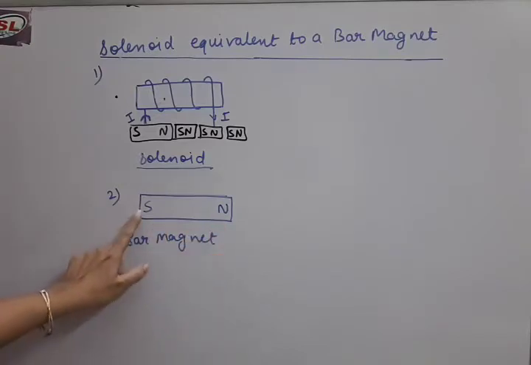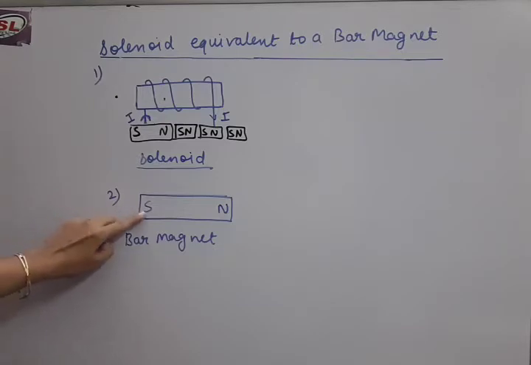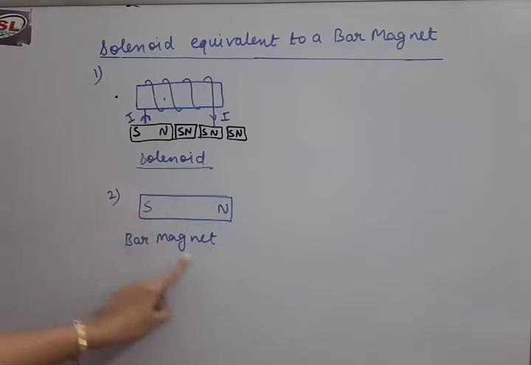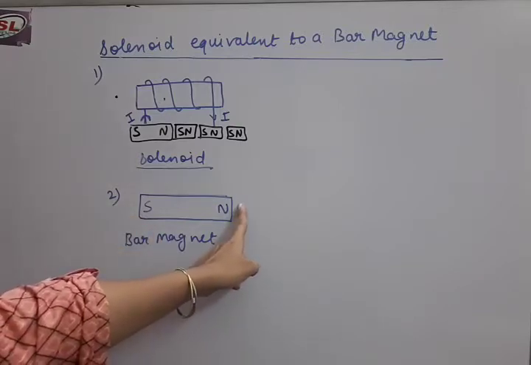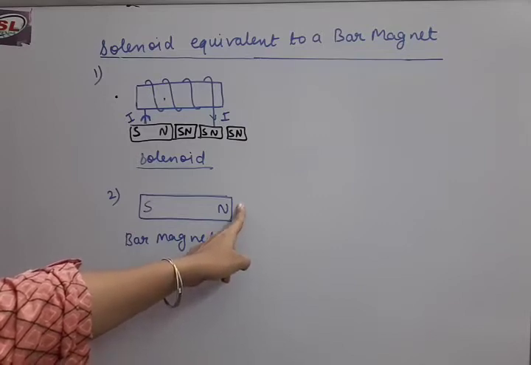Okay, the identification of the poles is done by the current direction. So we have to always look from one side. If from this side the current is flowing in the clockwise direction, then automatically this pole is the south pole, which means this other pole is the north pole. We have to see the current only once, in the first turn.